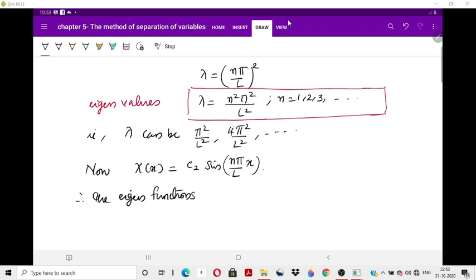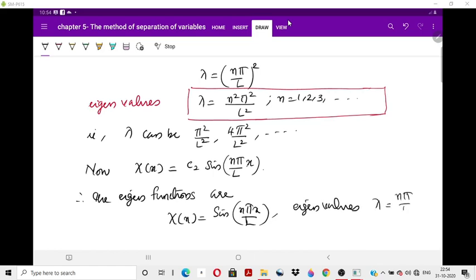Therefore the eigenfunctions we can write as X of x is equal to sine n pi x by L, corresponding to the eigenvalues lambda equal to n pi by L the whole square, where n equal to 1, 2, 3, etc., and these are uniquely defined up to a multiplicative constant.